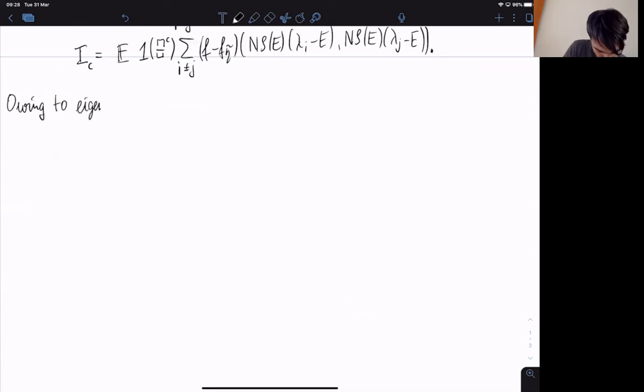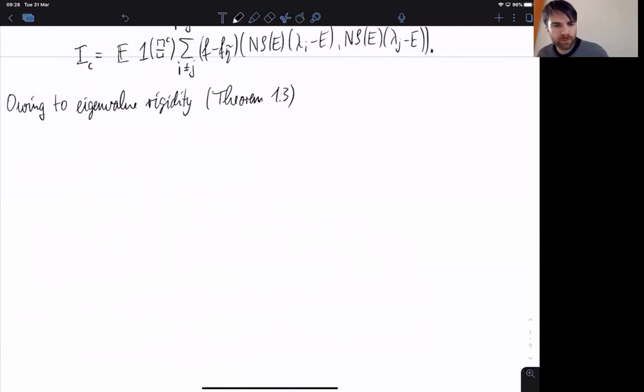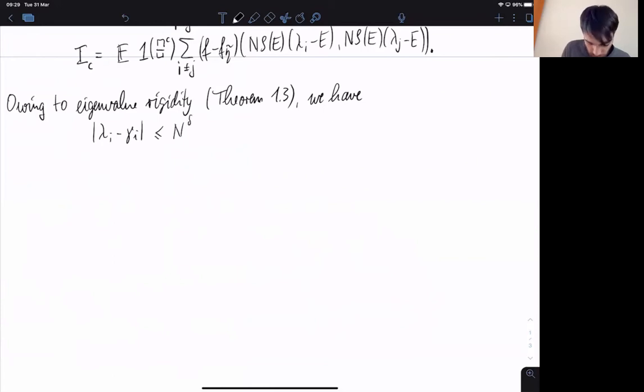Owing to eigenvalue rigidity, which we proved last semester, and I recall this as theorem 1.3 in this course. Just to recall it, maybe it has been a while and some of you have forgotten. So this is, well, stochastically dominated, but I just want to smuggle in some delta, by the minimum of I and n plus 1 minus I to the minus 1/3.